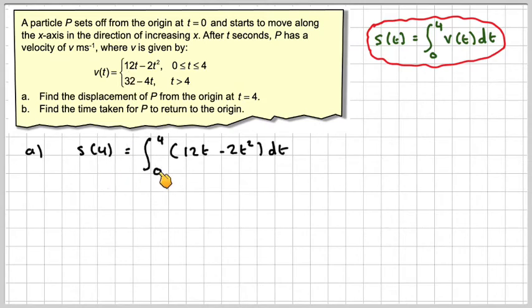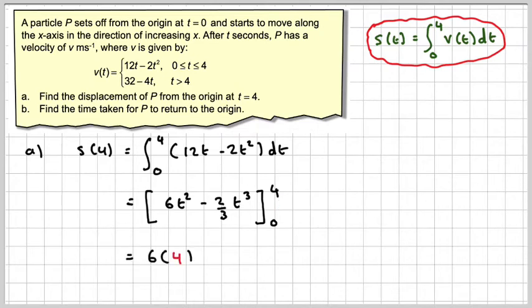So S of 4 will be the integral from 0 to 4 of 12t minus 2t squared dt, and that will give me, integrating, 6t squared, adding 1 to the power and dividing by the new power, minus 2/3 of t cubed, from t equals 0 to 4. Substituting my values, we get 6 times 4 squared minus 2/3 times 4 cubed, take away 0.